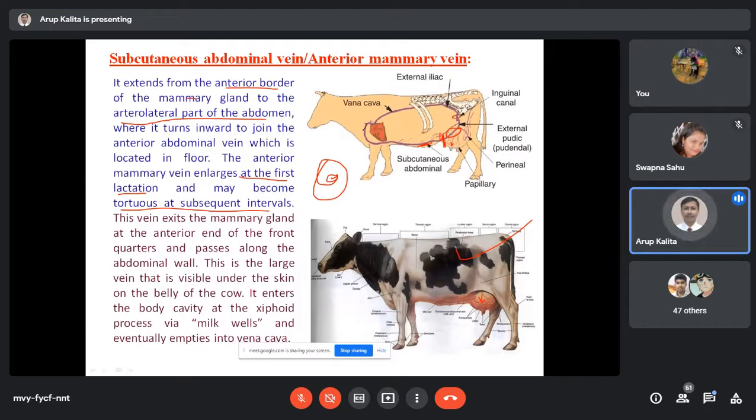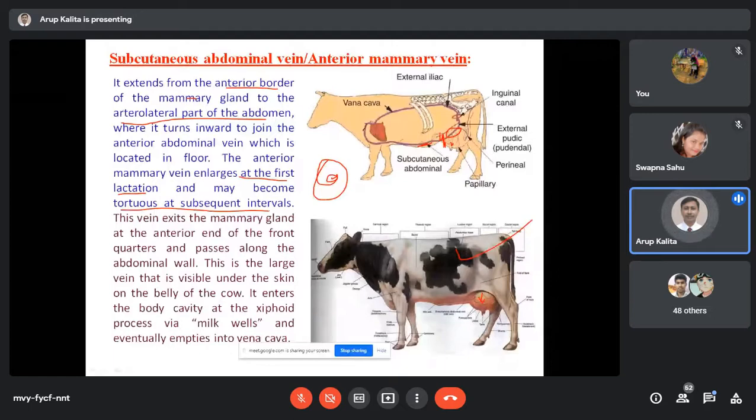And as we know, one animal gives maximum milk in the second or third lactation in her entire life. It may give 8 to 9 lactations, but you get maximum milk in the second and third lactation.